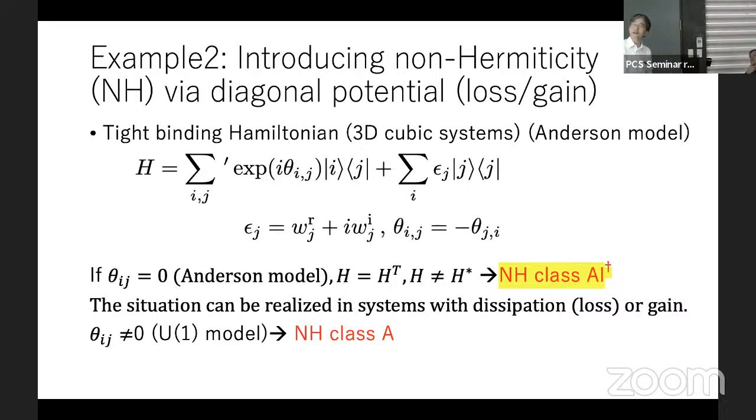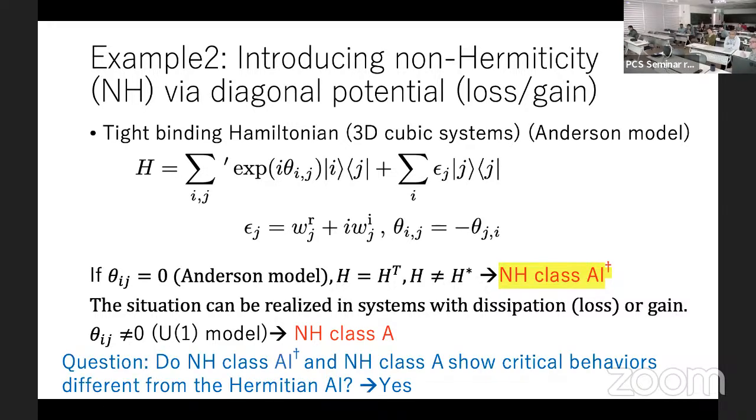It's possible that the skin effect appears even in this site potential model. Yes. The real part of the site potential is also random. Yes, thanks for asking. These W, WR and WI can be random.